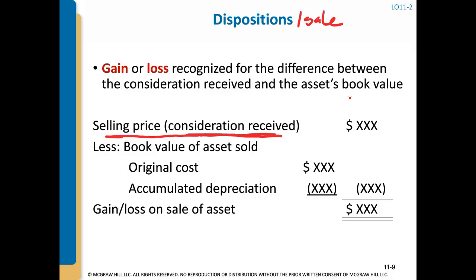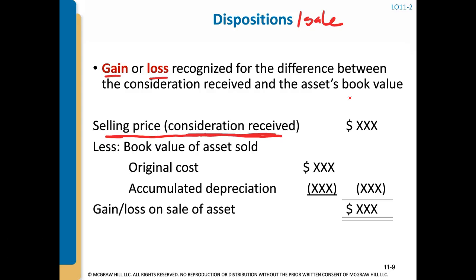But for now, we're going to call it cash. So you get cash, and whatever the selling price is compared to the net book value of the asset that you're selling, you'll either have a gain or a loss for the difference, and it will be recognized on the company's income statement.